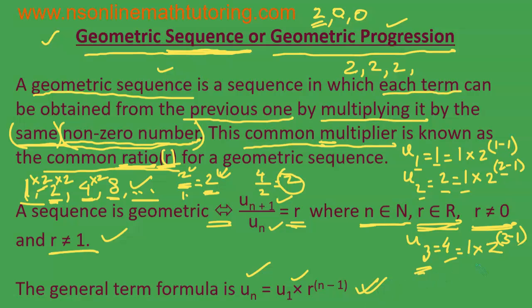Whatever is the n value, the common ratio is having a power of n minus 1. And 1 is the first term in this case. Therefore, we are having the formula as u(n) is equal to u1, the first term, times the common ratio to the power of n minus 1.